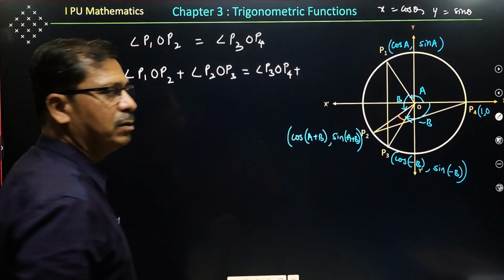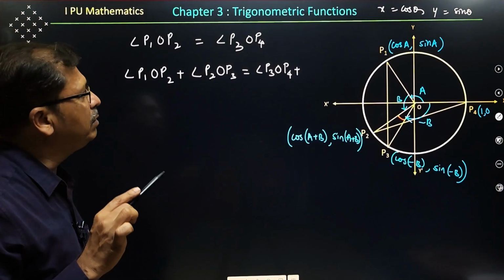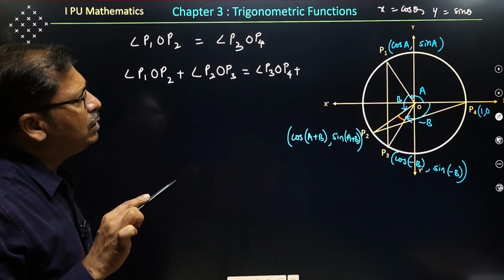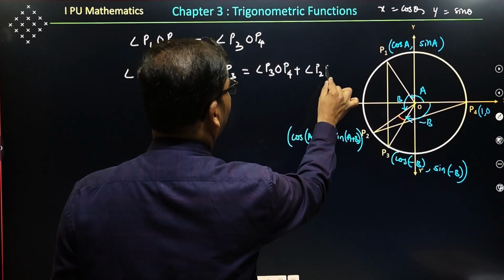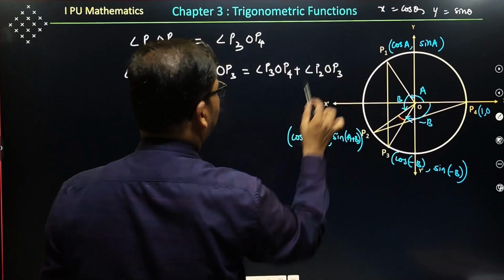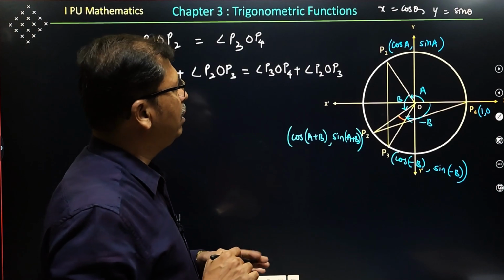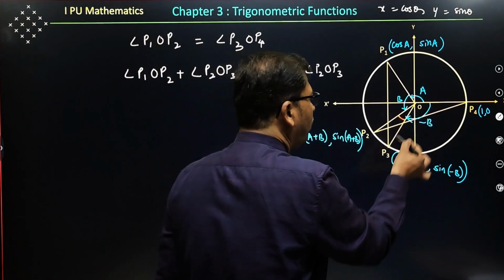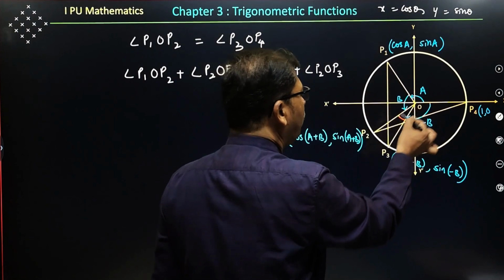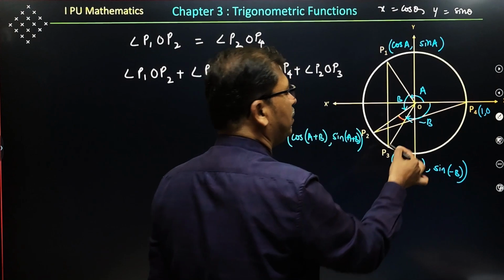For angle P3 O P4, you need to add angle P2 O P3. You just see the picture diagram carefully. By adding P2 O P3 to P1 O P2, the total angle becomes P1 O P3.